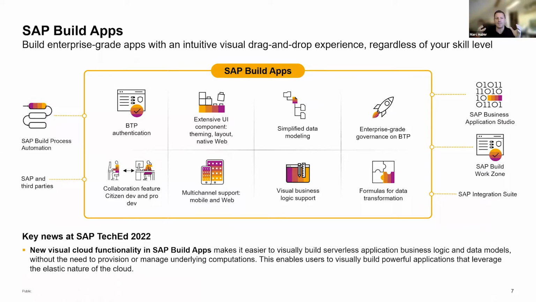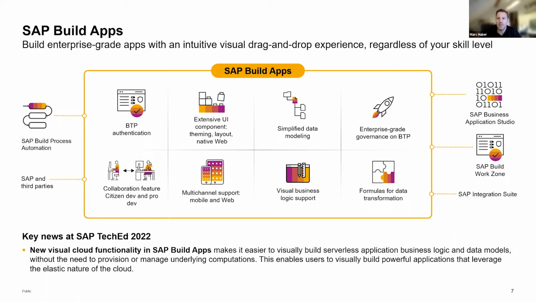Of course, we have a lot of extensive UI components that you can easily drag and drop into your applications. You can use enterprise-grade governance features from BTP, like PPP Authentication, and you can consume destinations easily. You can collaborate easily to share your project with professional developers if you are stuck at a specific point.